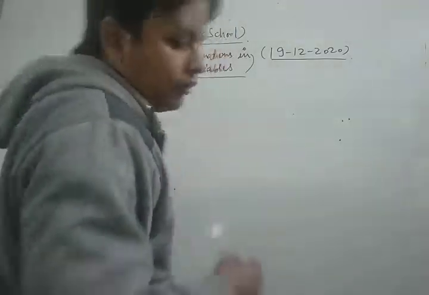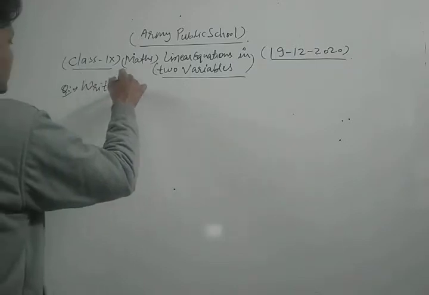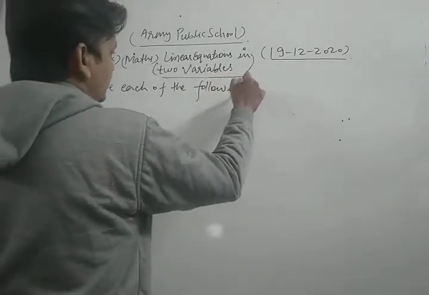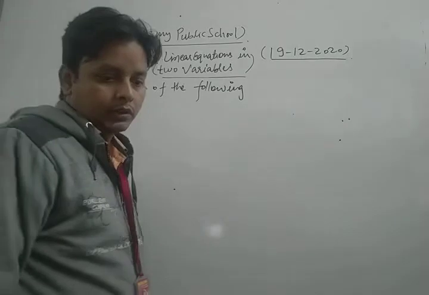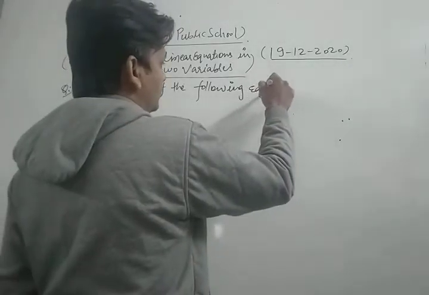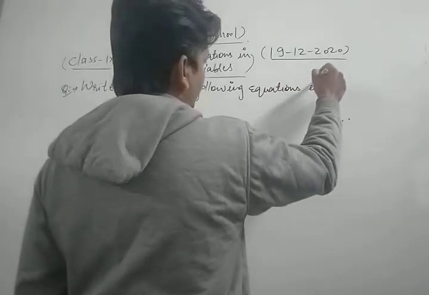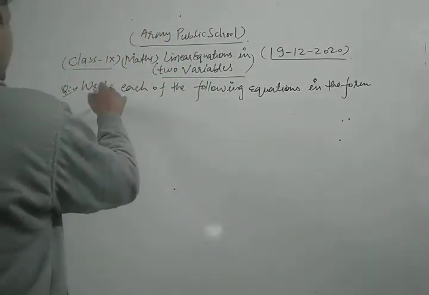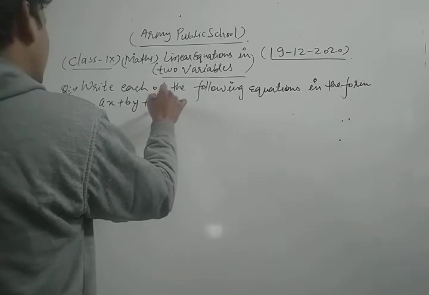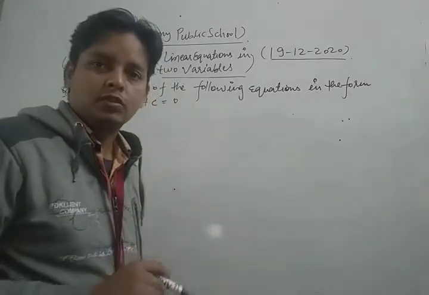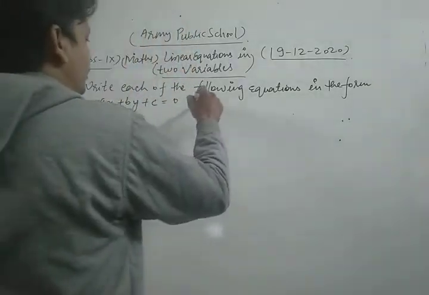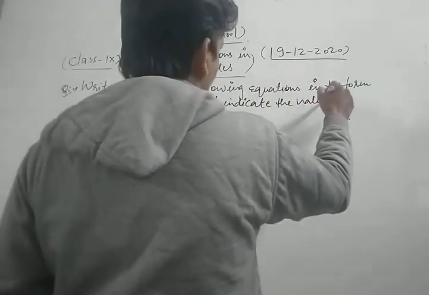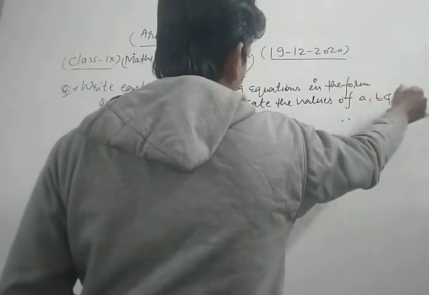Let's see. Your question is: write each of the following equations in the form ax plus by plus c is equal to 0, and indicate the values of a, b and c.